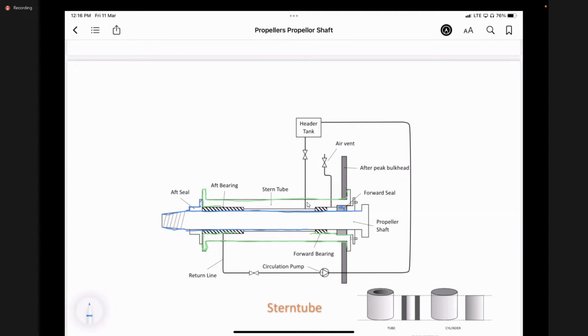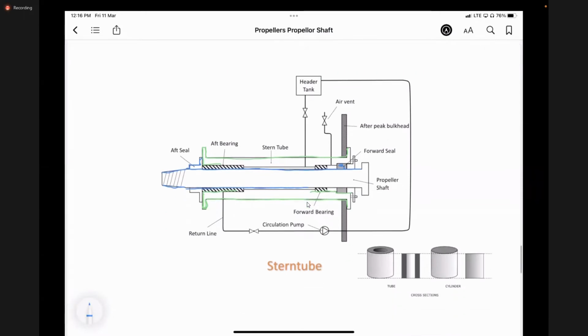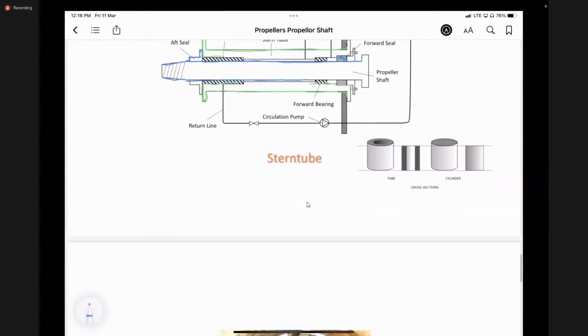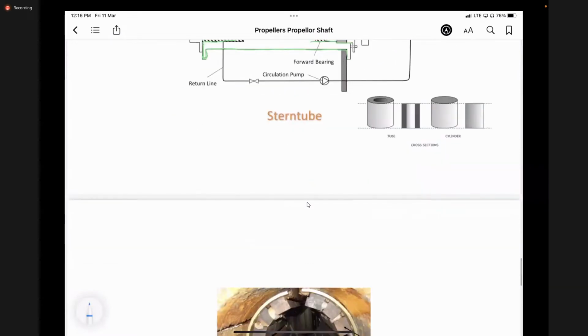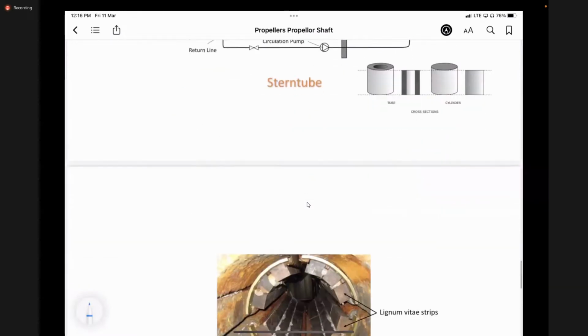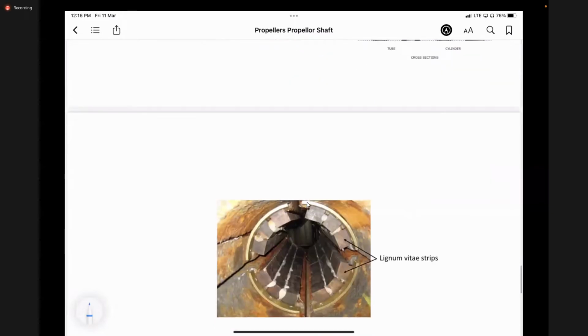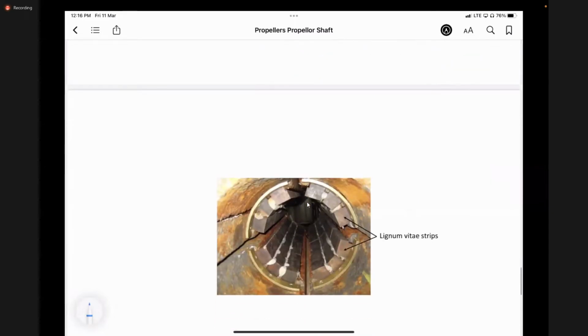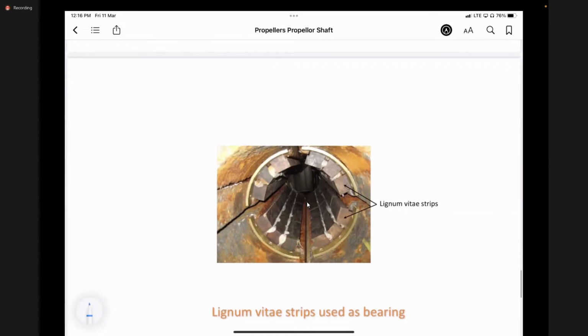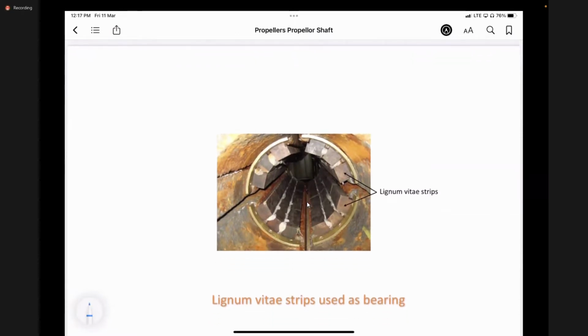And for longer shafts, like the one we saw in case of the twin screw system, we have a, what is that called? Water lubricated system. Now, this tube that we spoke of, in case of water lubricated systems, this is what the tube looks like through which it passes.